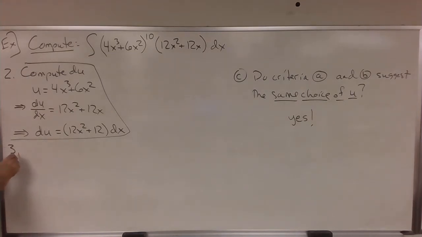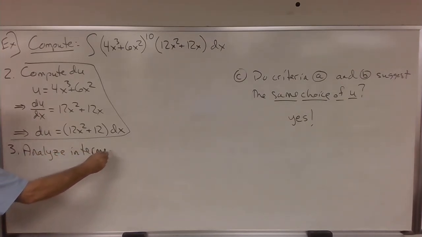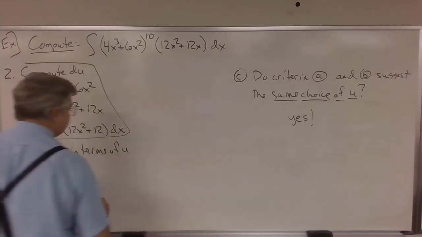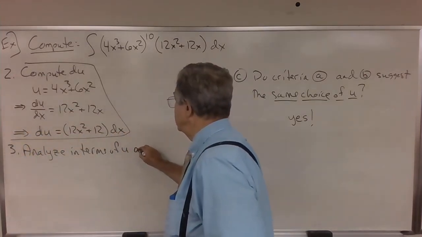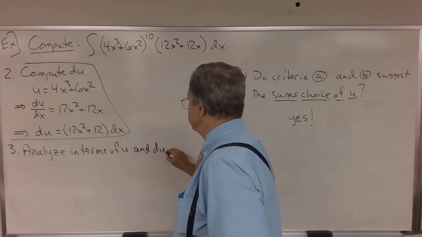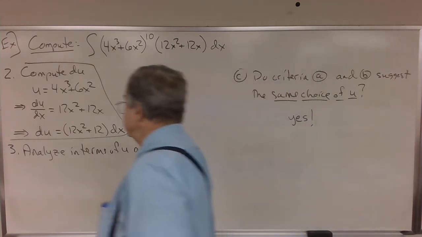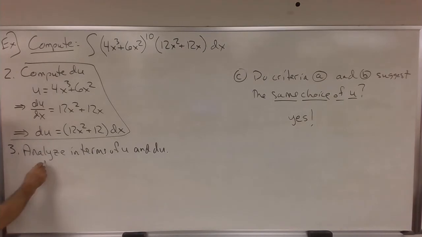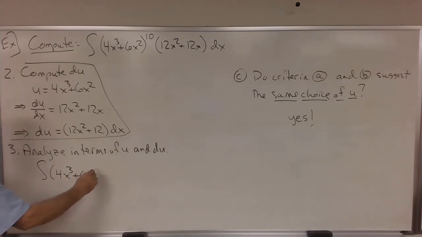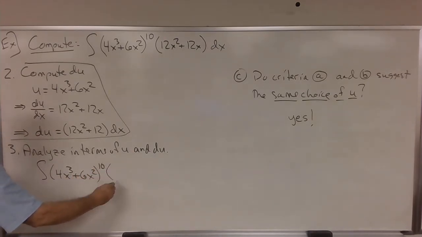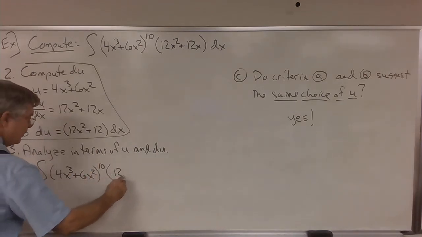Step 3, analyze in terms of u and du. So we write our integral down again. 4x cubed plus 6x squared to the 10th, 12x squared plus 12x.